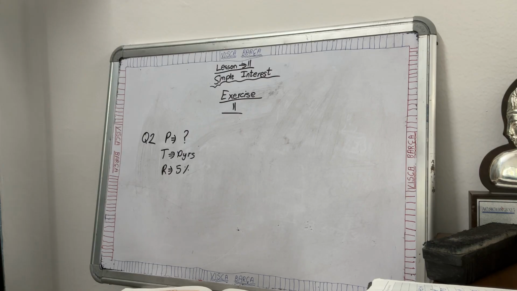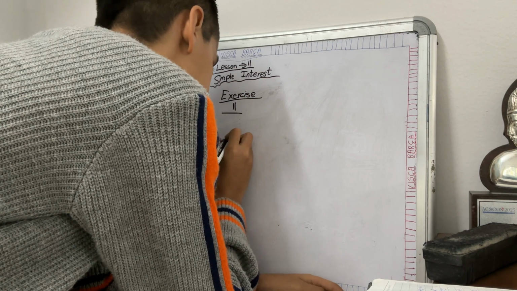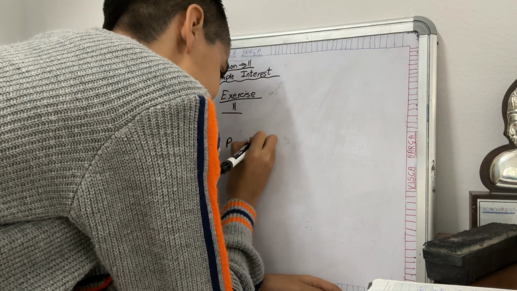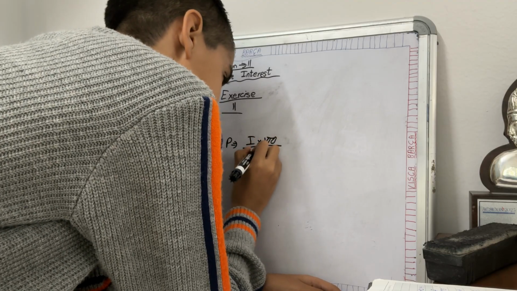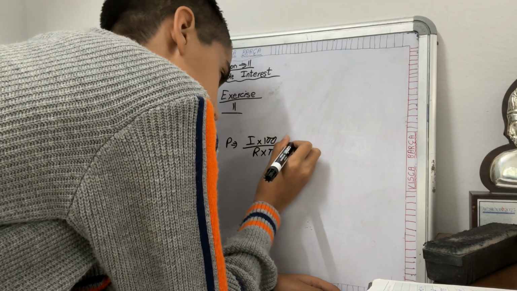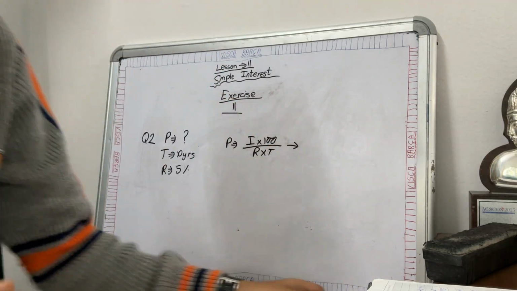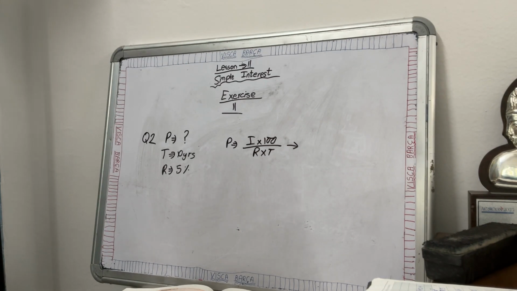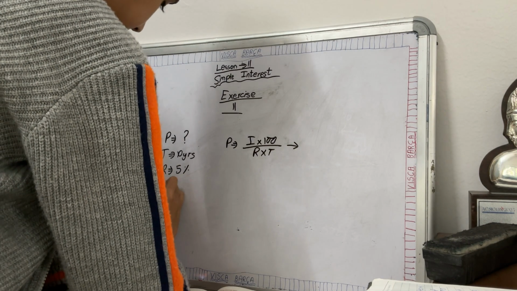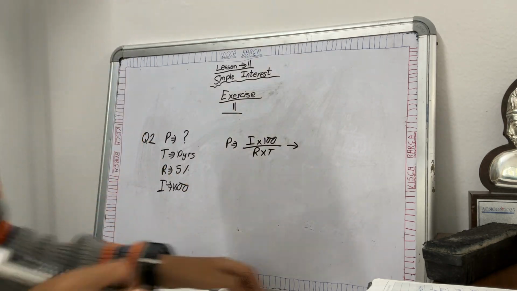Now, I told you what the formula for principal is. Yes, you are correct. P is equal to I into 100 upon R into T. It is standard. Sorry, I is also given, I didn't note down I. I is 1600.